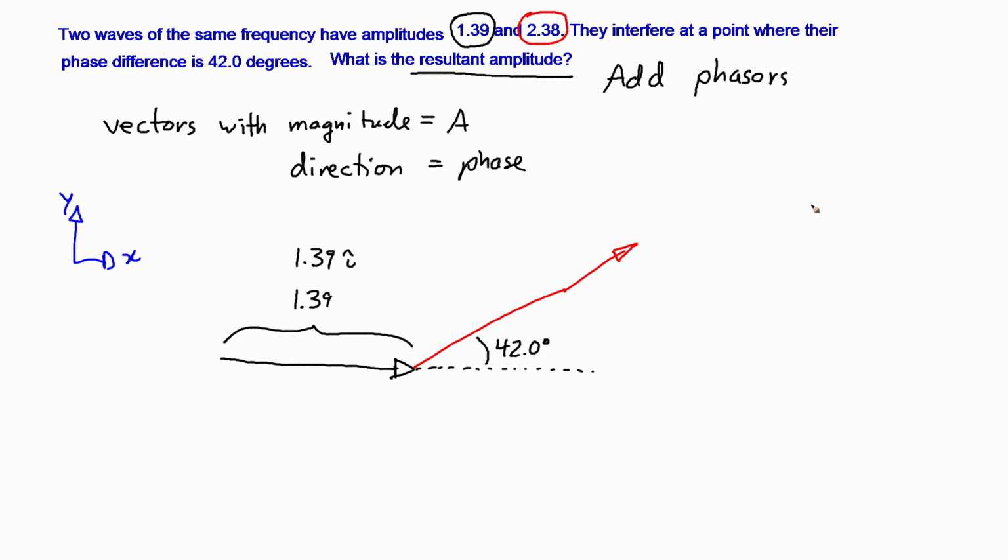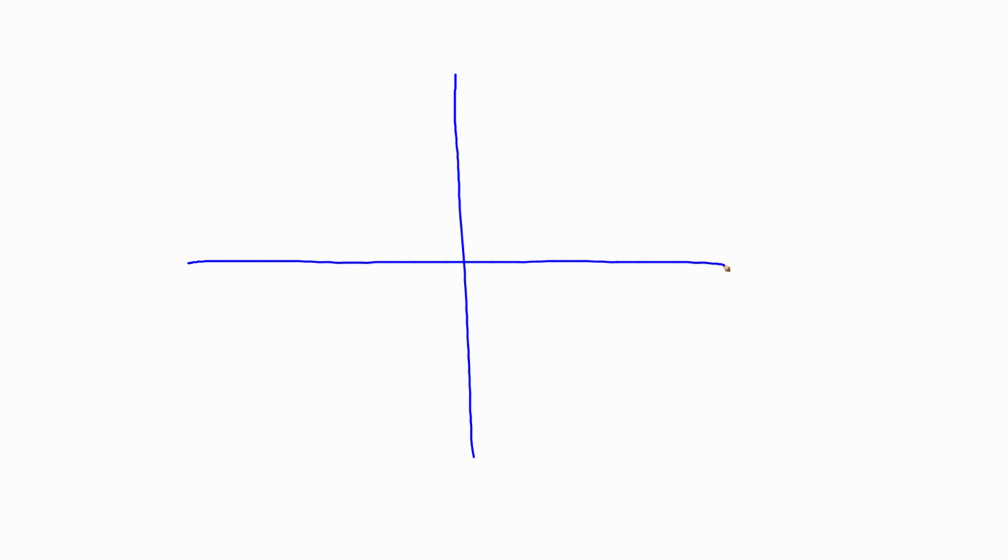If I were not adding these up, and if I had my x and y axes, a y-axis vertically and x-axis horizontally, then I would draw the first one going off to the right with a magnitude of 1.39. The phase constant for the first one is equal to 0 degrees, or 0 radians.